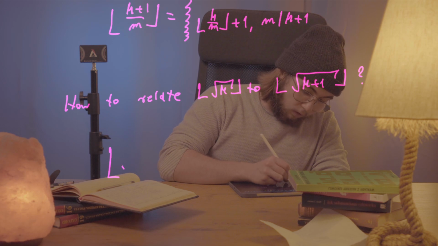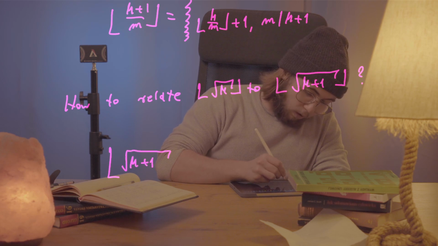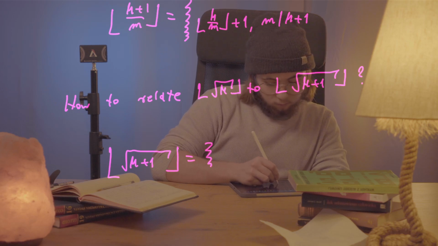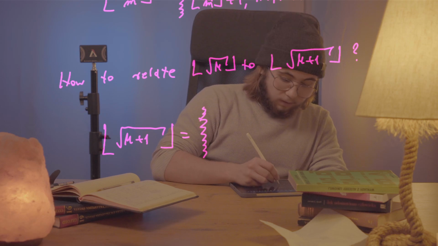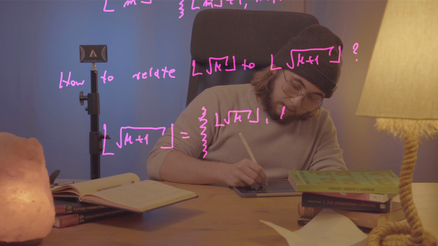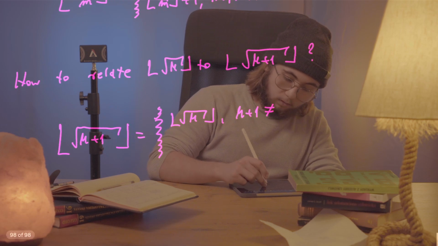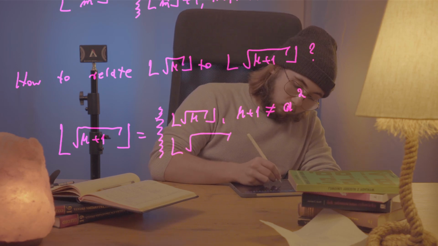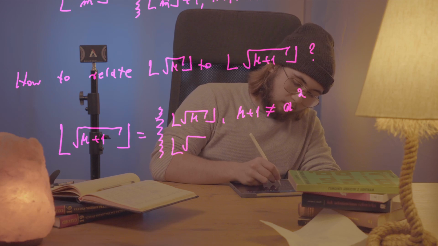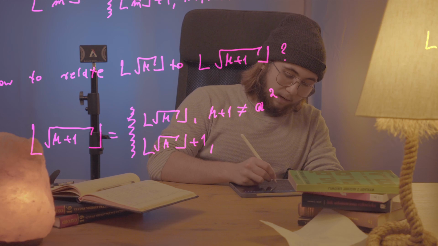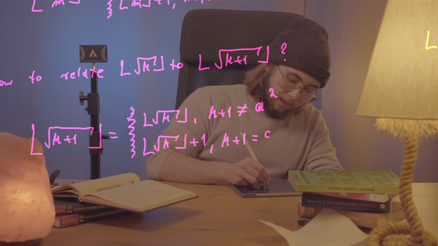The floor of the square root of k plus 1 is going to be equal to the floor of the square root of k whenever k plus 1 is not a perfect square, and it's going to be equal to the floor of the square root of k plus 1, whenever k plus 1 is a perfect square.